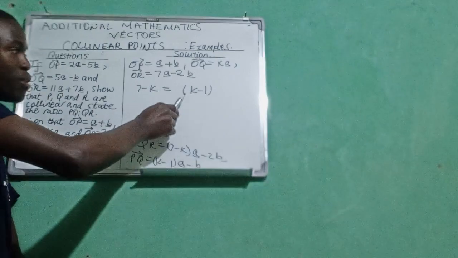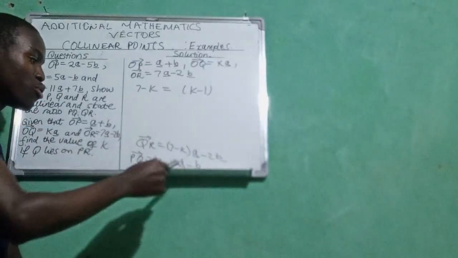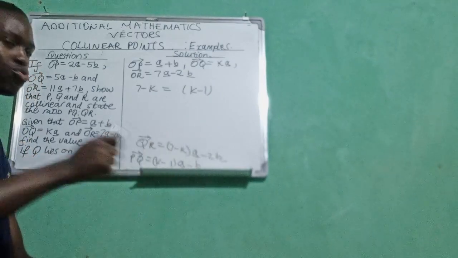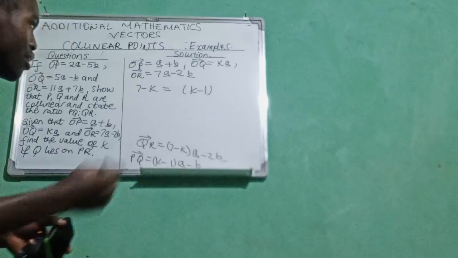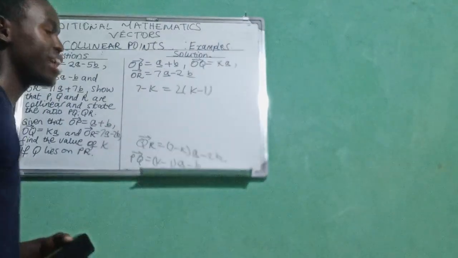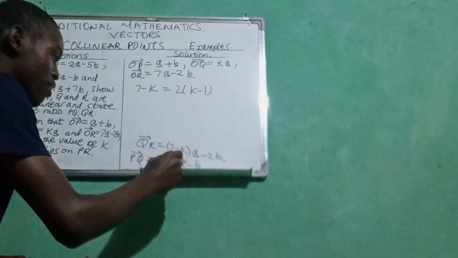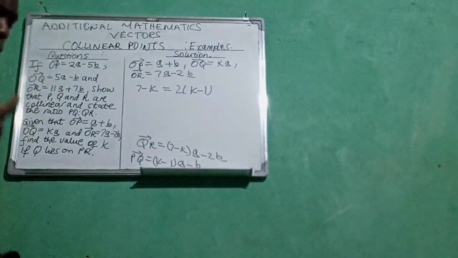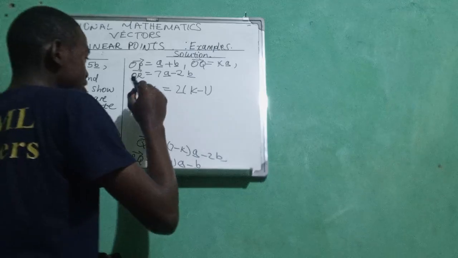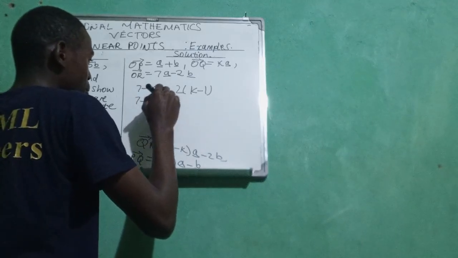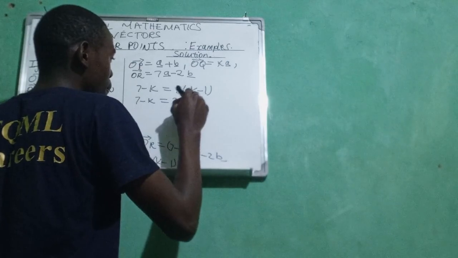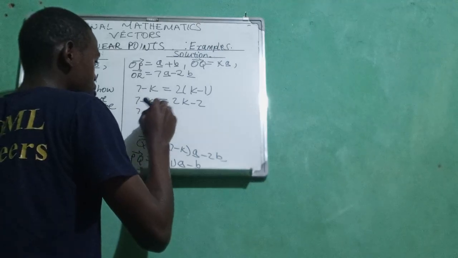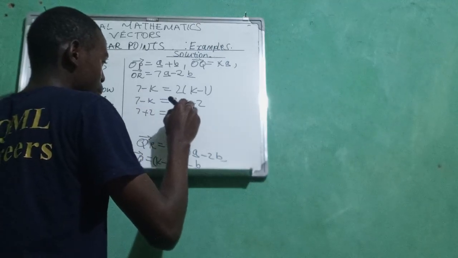Now why I have put brackets here and no brackets there is because of this 2 here. This one had a 2. Now this one does not have a 2. So we need to look for that balance. We are going to put a 2 right there because it's signifying this was multiplied by a certain scalar. Scalar is simply a number. Then we just answer normally: 7 minus K, we keep everything the same, 2K minus 2. We group like terms together. 7 plus 2 is equal to 2K plus K.